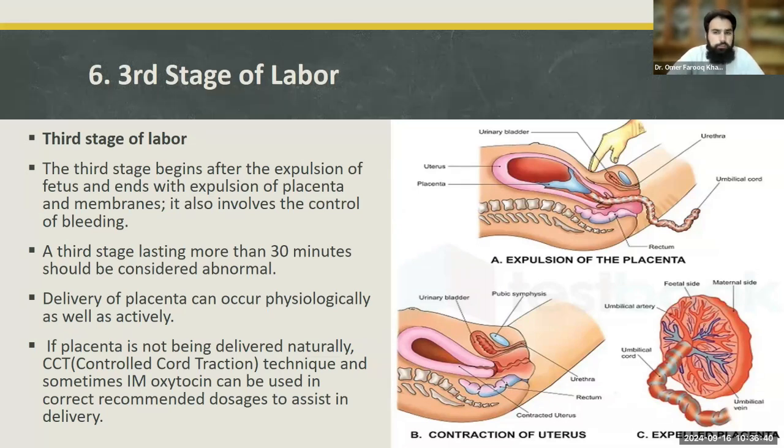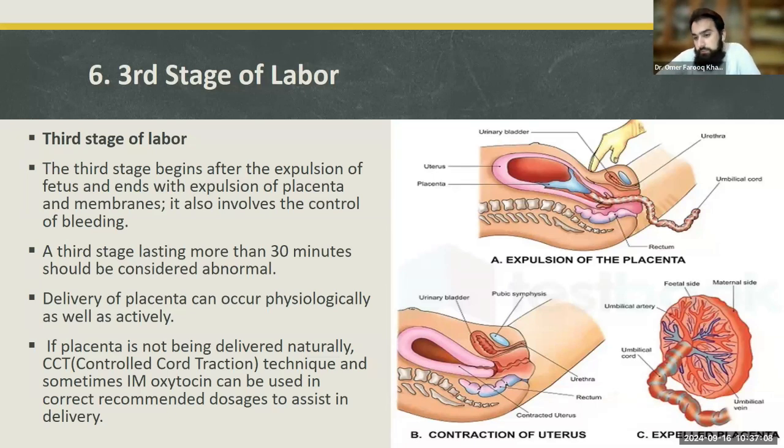So expulsion of the placenta occurs, then there are contractions of the uterus, and then the expelled placenta can be seen in the infographic diagram. So the placenta supplies the oxygen as well as all of the nutrients to the fetus.